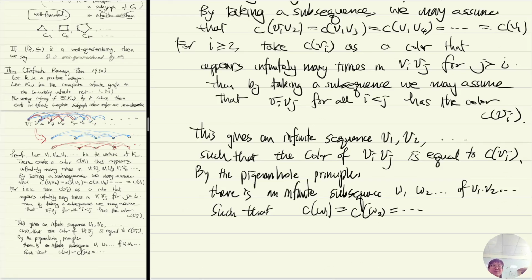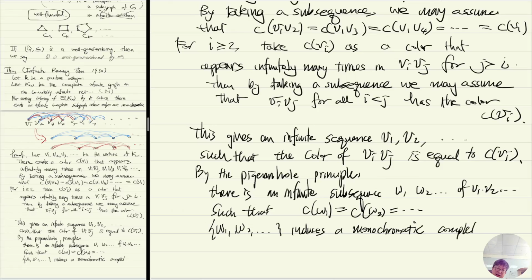Now that gives me it. So w1, w2, ... induces a monochromatic complete infinite subgraph. Okay, so that's the proof of the infinite Ramsey theorem.